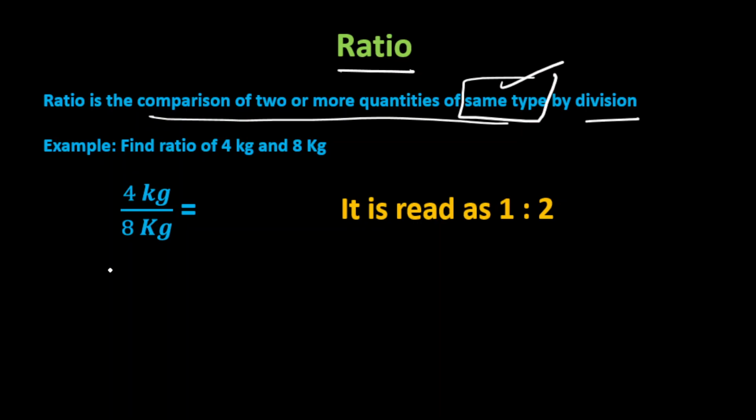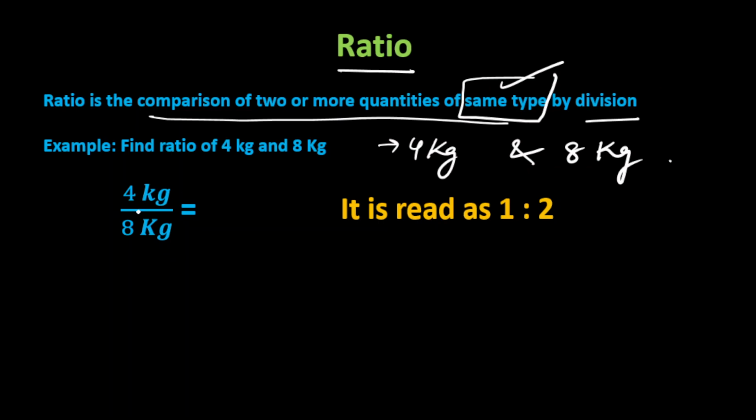For example, here we can see, find the ratio of 8 kg and 4 kg. We have to find the ratio of the same quantities, as both the quantities are weight. 4 kg is also weight and 8 kg is also weight. So we can find its ratio. That means basically we just have to divide both of these.